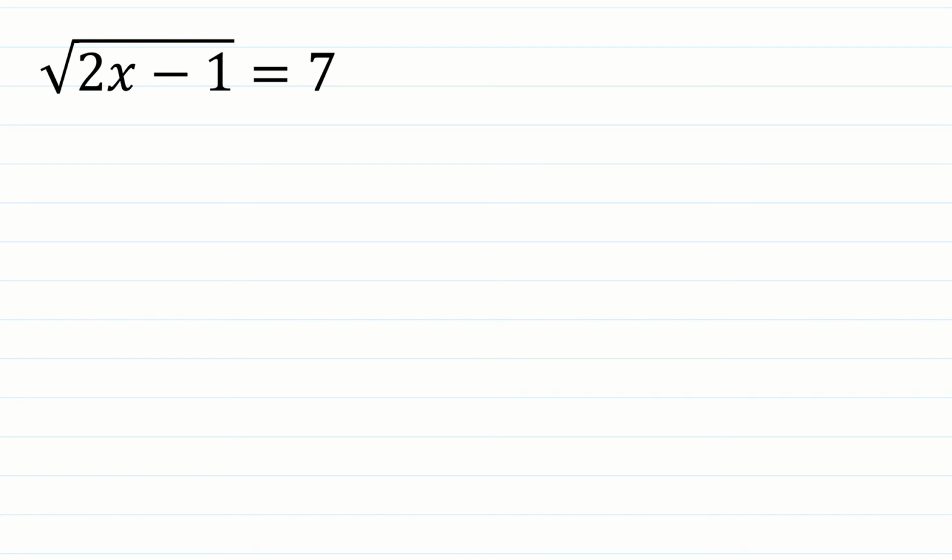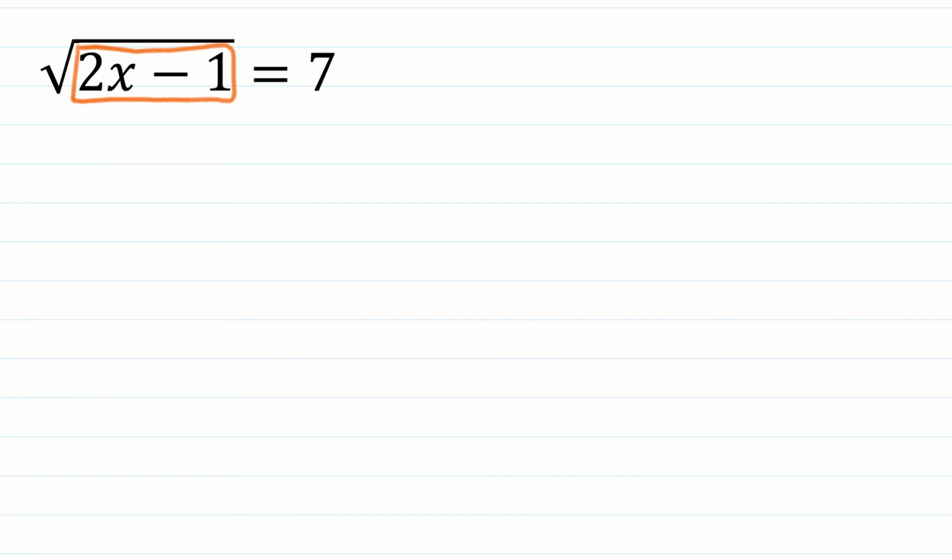Here it is. When I see this, I have a momentary panic because I don't know how to deal with square roots in an equation. However, if I consider looking inside, if I consider what does this have to be such that when I take the square root, I get an answer of 7.